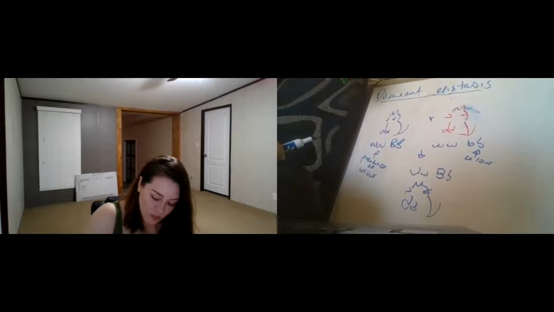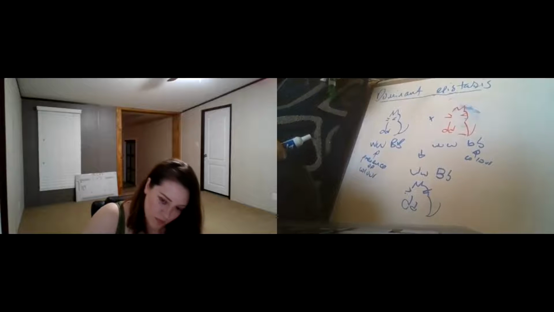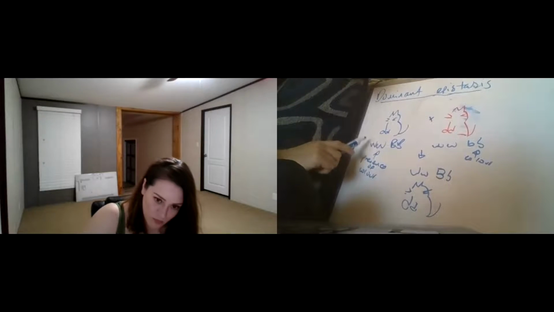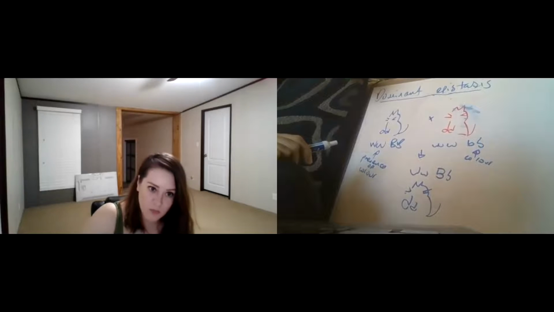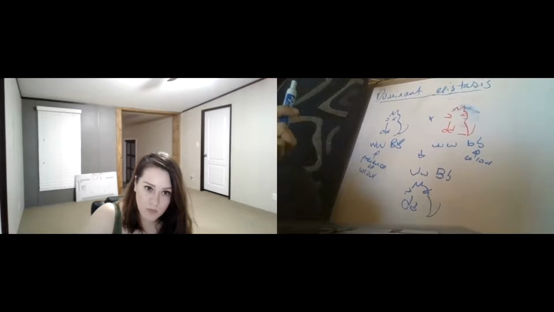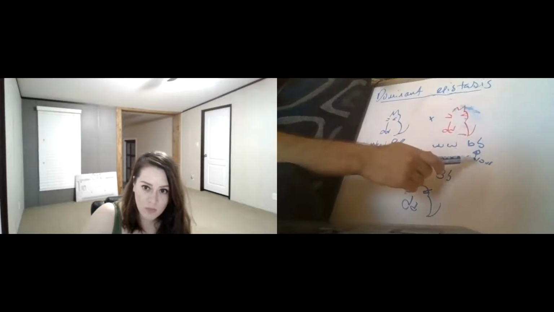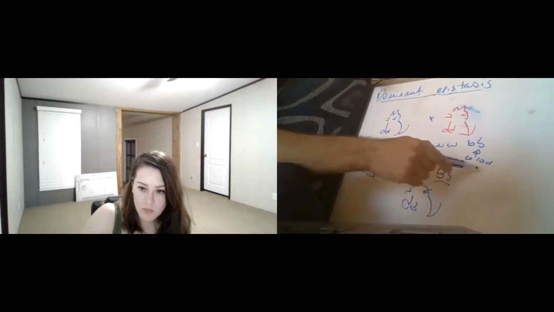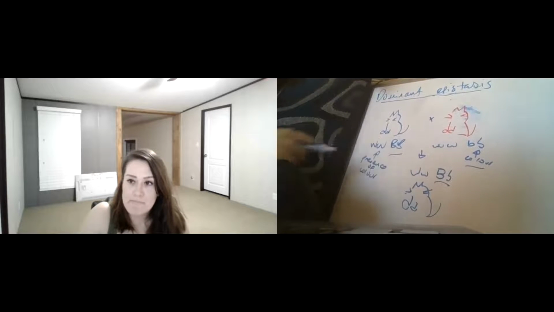So this is a classic example of dominant epistasis. And so if you have a dominant Y allele and you only need one of them, you will never see the genotype that you have for the color gene.